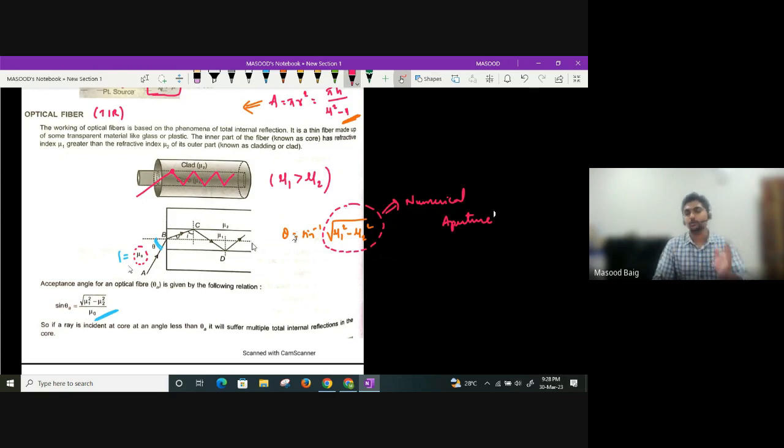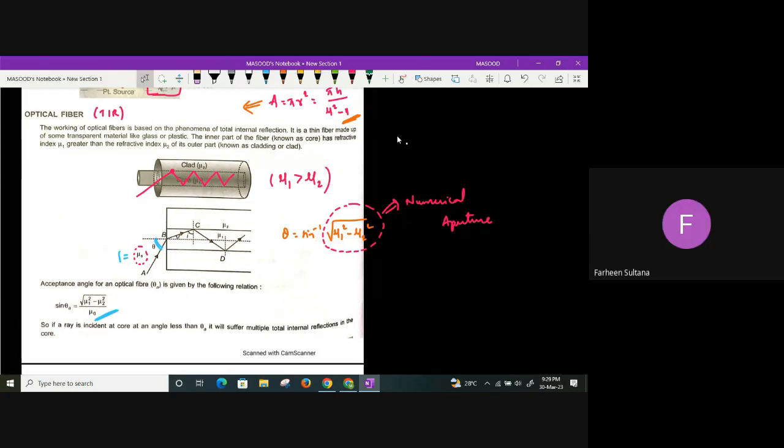It is not going to come out of the fiber. That is called the acceptance angle, and this value, under root of mu1 square minus mu2 square, is called your numerical aperture. And what is the functioning of optical fiber? It depends on which phenomenon, guys? Total internal reflection. Is that clear? Yes or no? Yes, sir.